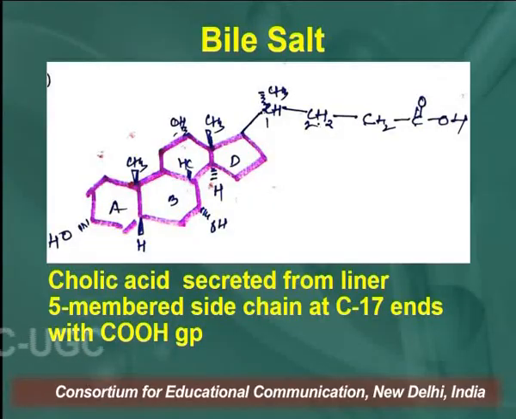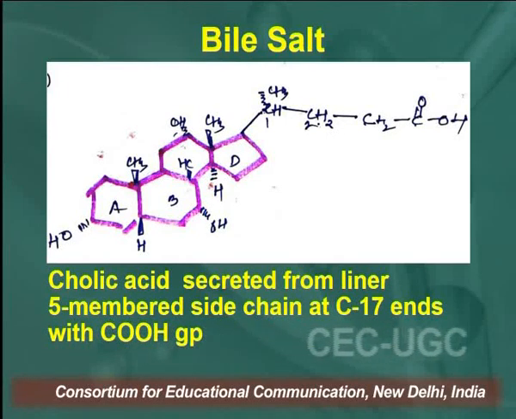This is the bile salt which is present in our human body, and cholic acid is secreted from the liver. It has a 5-membered side chain. At the C17 position you can see there is a side chain, that is CH2, CH2, COOH, right?